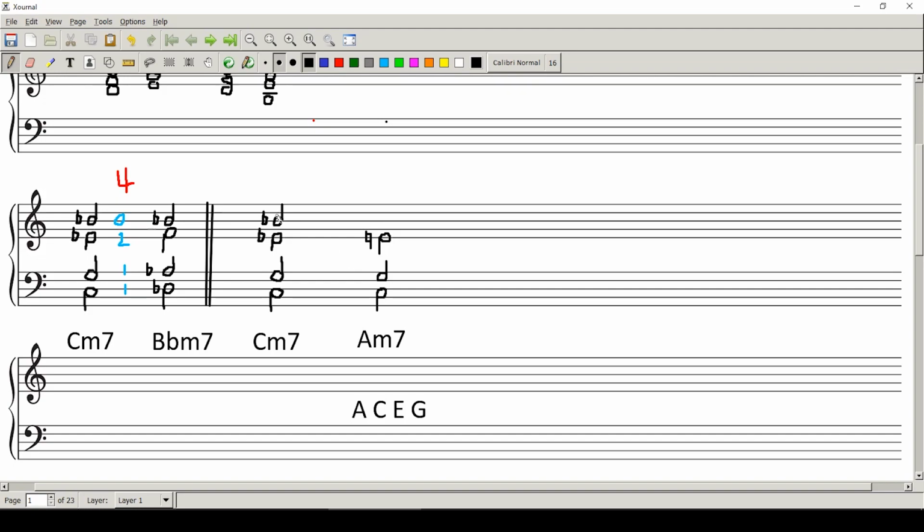And then the seventh is going to become the root, so B flat will go down to A, like this. And again, for connecting these two chords, that will be the smallest possible connection between them. Those two don't move at all, that's 0, that's 1, and that's 1. So the total motion here is 2. Again, very efficient.